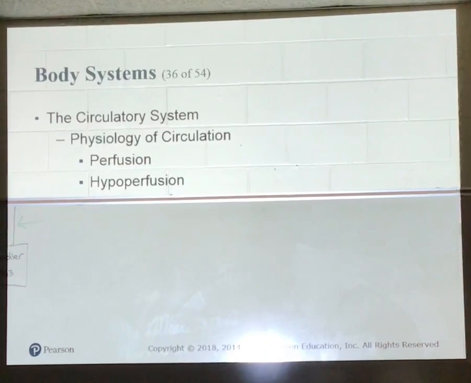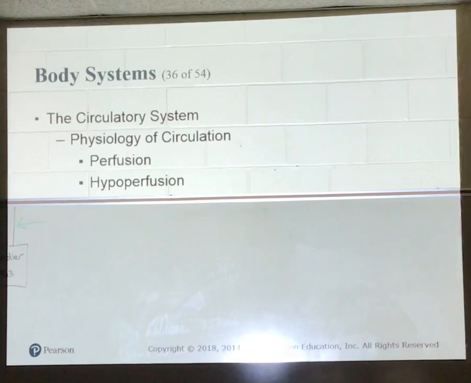Shock or hypoperfusion is the insufficient supply of oxygen and other nutrients to some of the body's cells, and the inadequate elimination of carbon dioxide and other waste that can result from inadequate circulation of blood. It is a state of profound depression of the vital processes of the body.